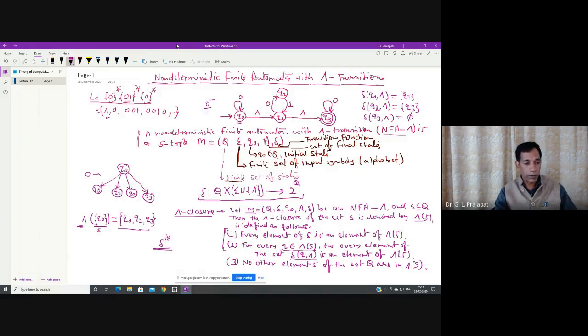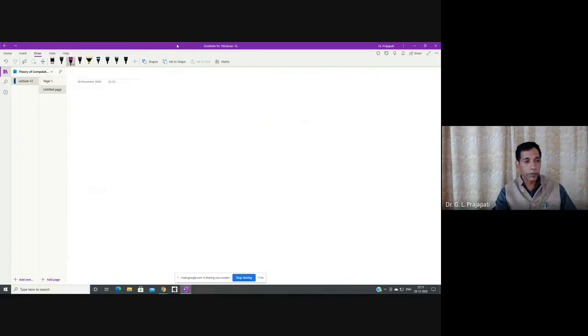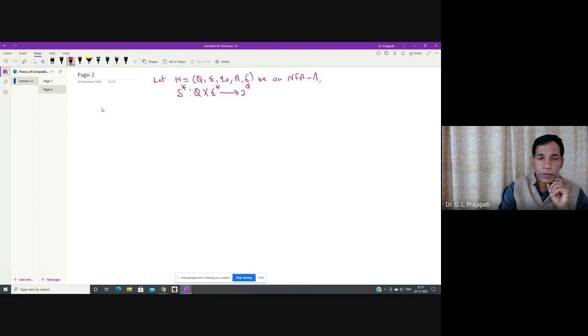So how can we define the delta star here? Let M = (Q, Sigma, Q0, A, delta) be an NFA-null. The delta star function says that if you are at any state and are given some string from sigma star, the machine is supposed to read the input string from that state, and we ask which states the machine can go to.